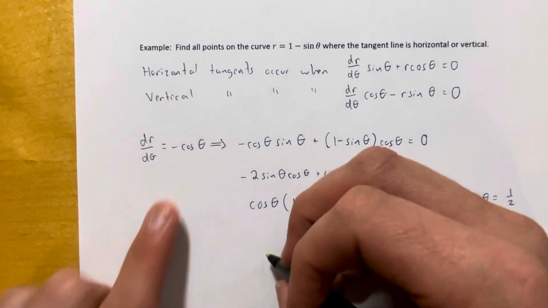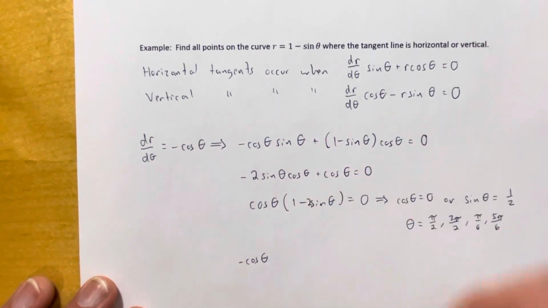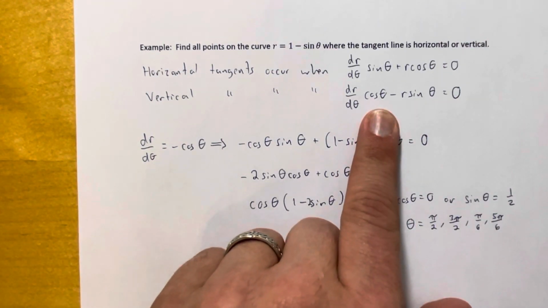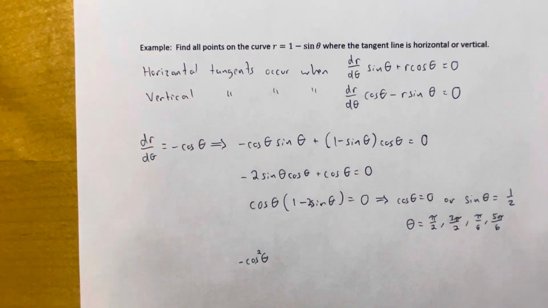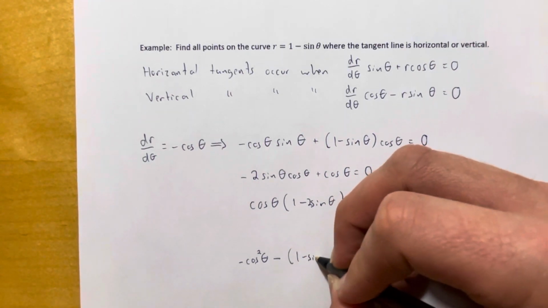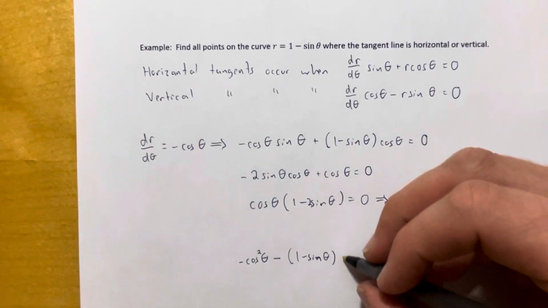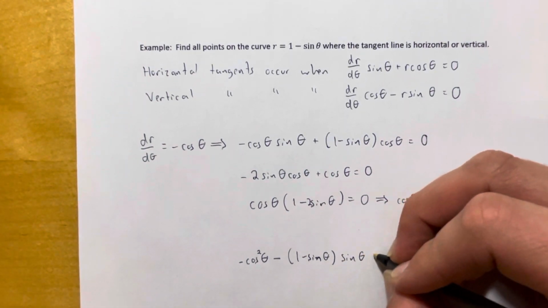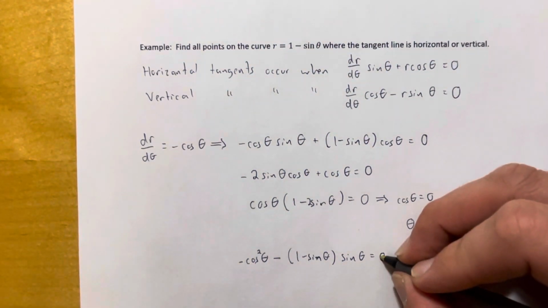Dr d theta was negative cosine, so we have negative cosine of theta times cosine of theta. So that means I have negative cosine squared there. Minus r, which is 1 minus sine of theta, times sine of theta, equals 0.